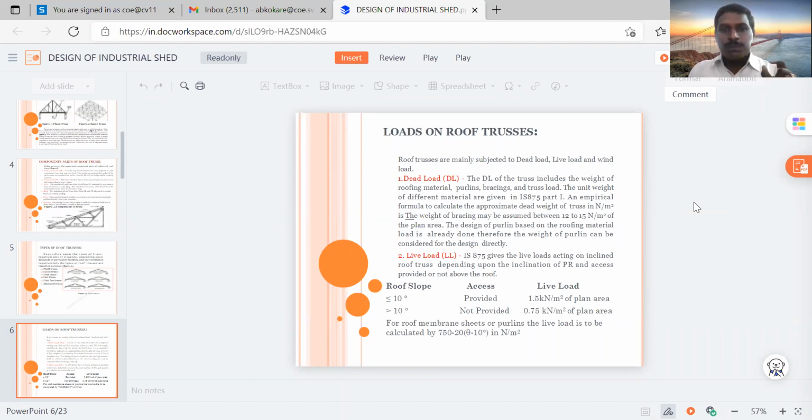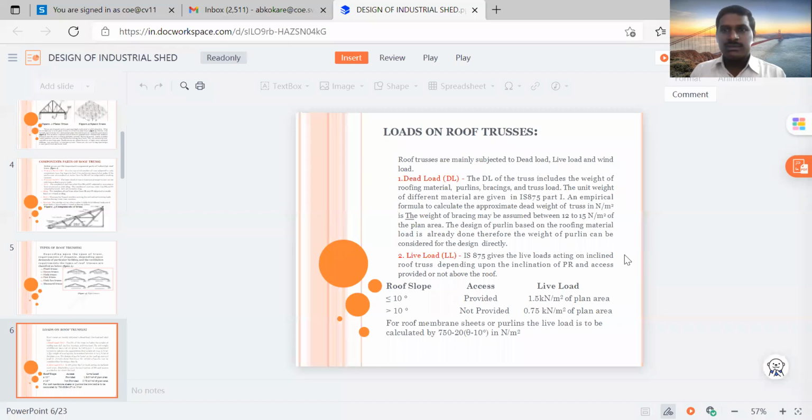First we have to analyze the loads. The load may be dead load, live load, wind load, or any type of load, and we have to take the combinations of load. While designing any particular type of industrial shed, we have to give the inputs of the load first, and that we have to calculate.